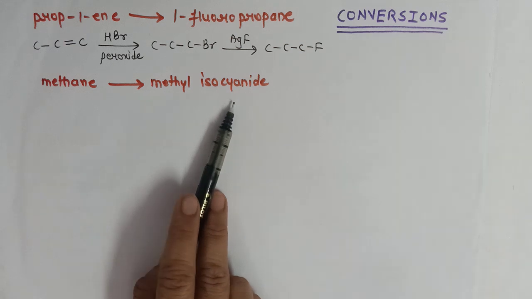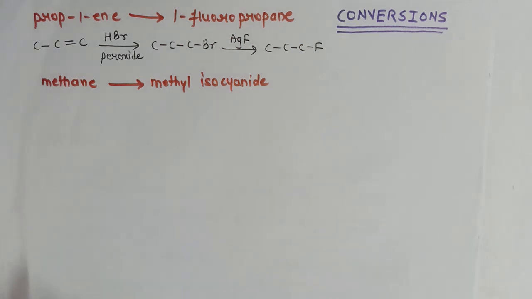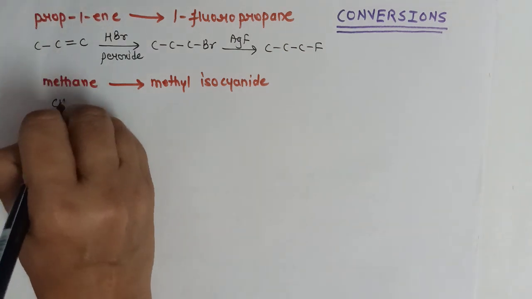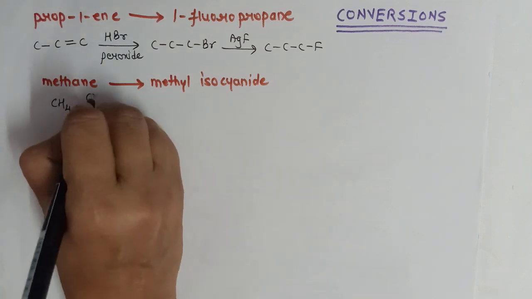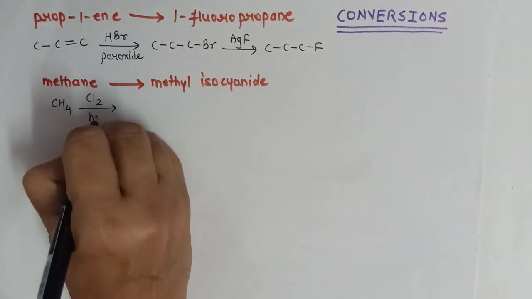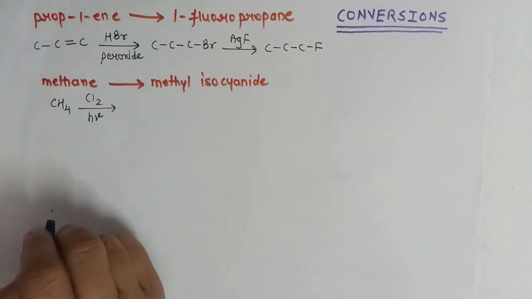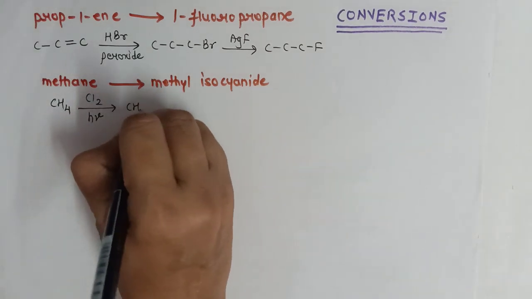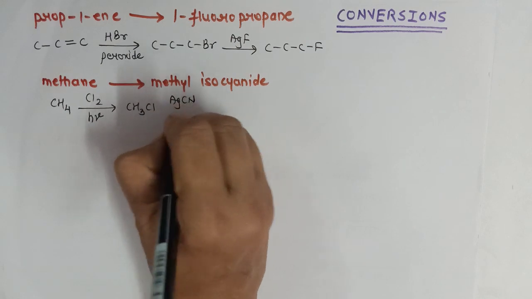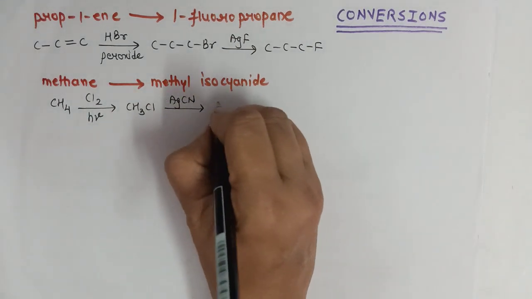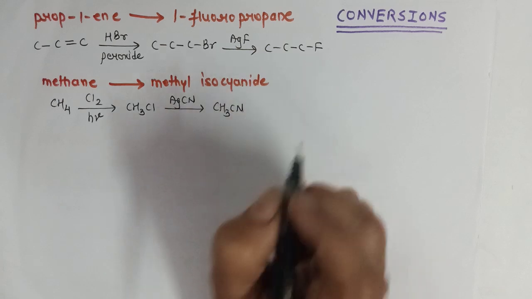Isocyanide I can get by carrying out the reaction with silver cyanide, but for that I have to introduce a halogen. So first of all, methane, I will carry out halogenation, a substitution reaction which proceeds by free radical mechanism. We get chloromethane, followed by treatment with silver cyanide, we'll get methyl isocyanide.